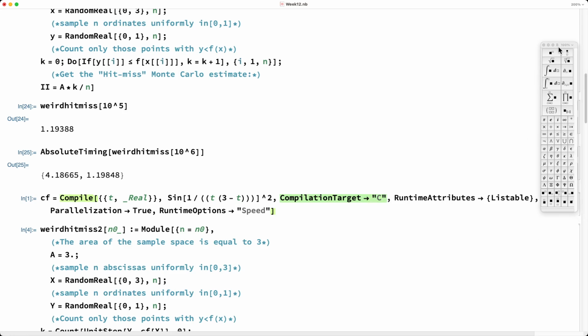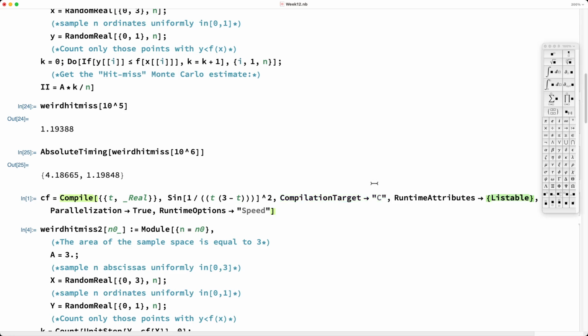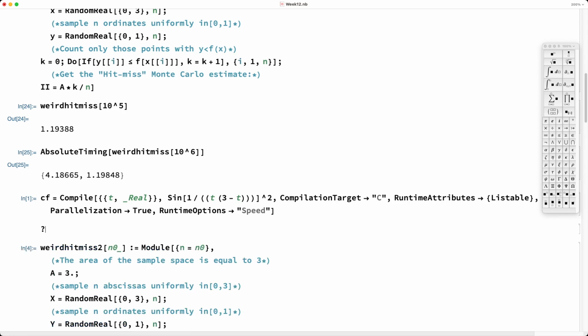We can also tell it to make the function listable and evaluate in parallel, and you can use runtime options, speed or quality, depending on whether you trust your code that it's not gonna run into errors or not. You can read more in the documentation of the compile function.